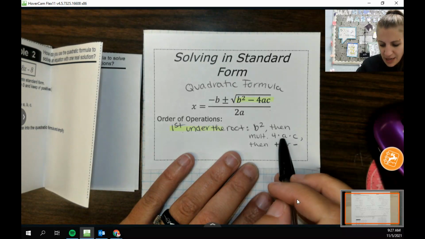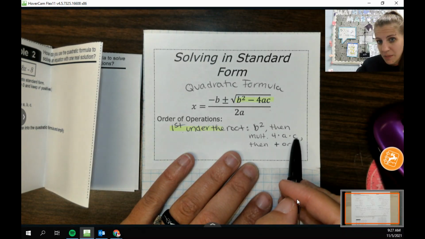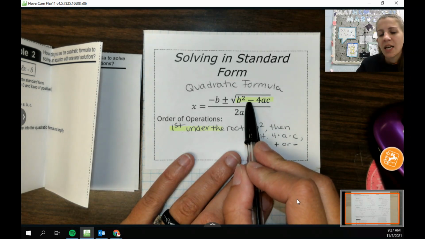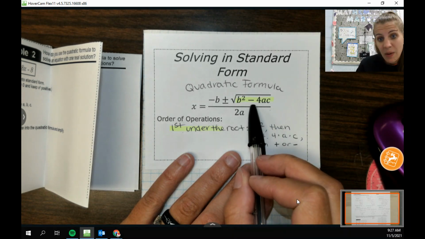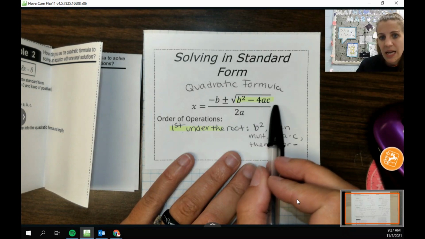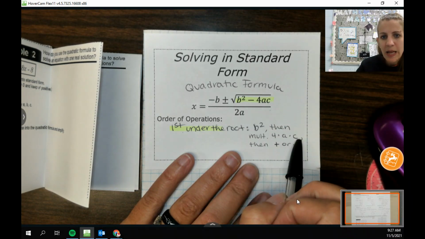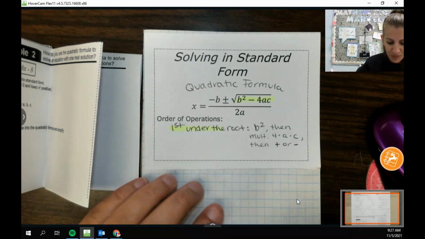But if I do 4 times a times c and I end up with a negative number, then the double negative is going to make it a plus. If I end up with a positive number, then it's going to stay minus. So we want to be careful about that. But we do our b squared, then we multiply, and then we add or subtract.